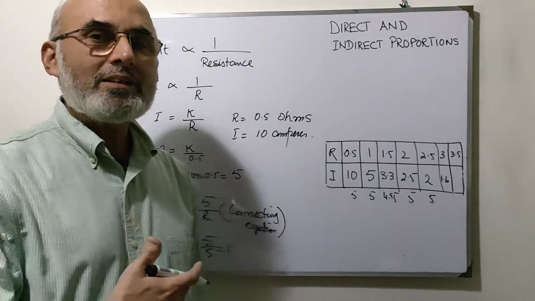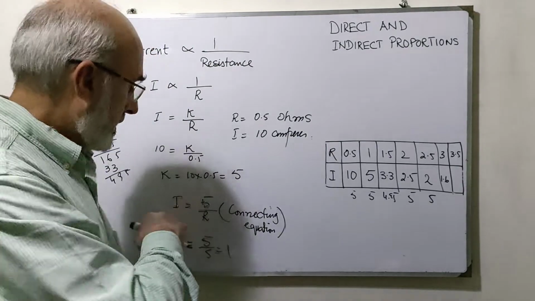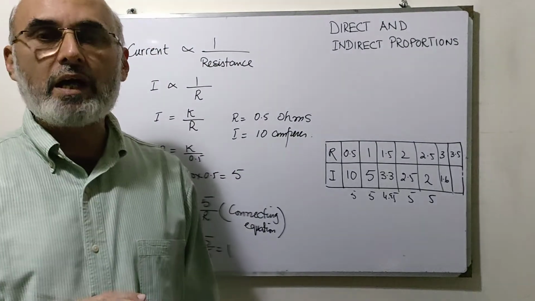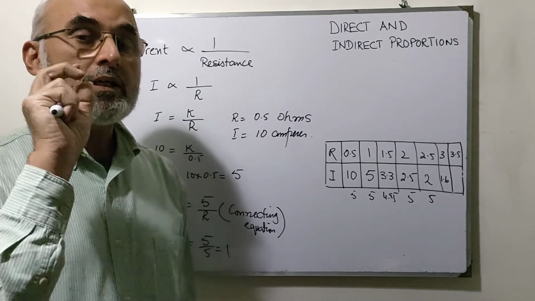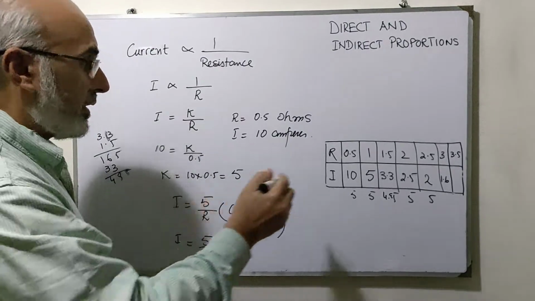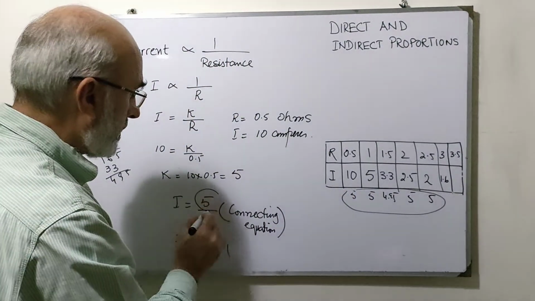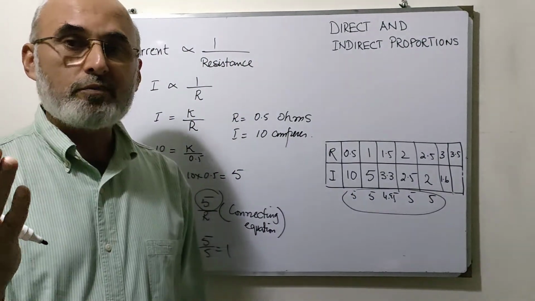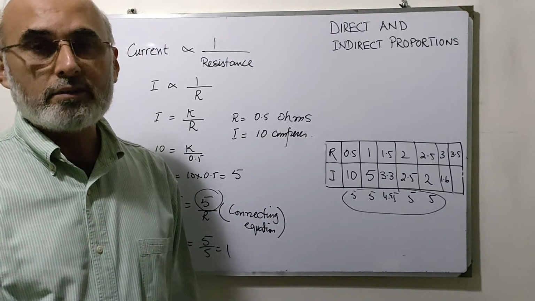This gives us more confidence that the connecting equation we have is right, and that these are inversely proportional, because you're always going to get the same result, which is equal to this constant establishing the relationship between the two entities.